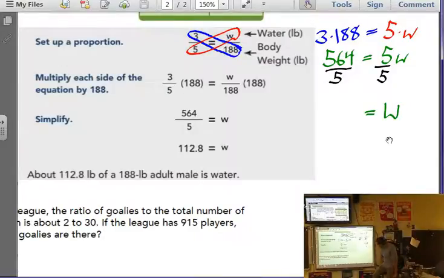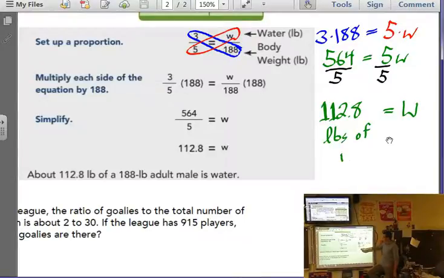W is going to be 112.8, I think. And that would be pounds of water. So in a 188-pound person, they have 112.8 pounds of water.